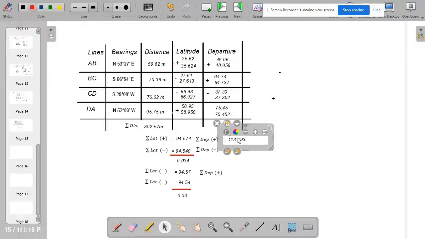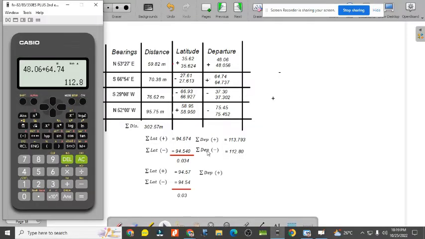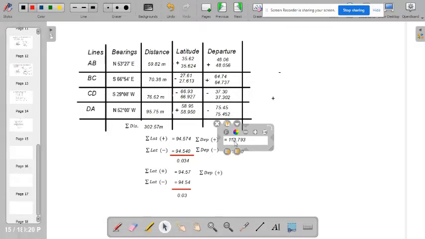It looks like I mistakenly typed the wrong number, so let me check again. 48.056 plus 64.737. Yes, it's 112.8.